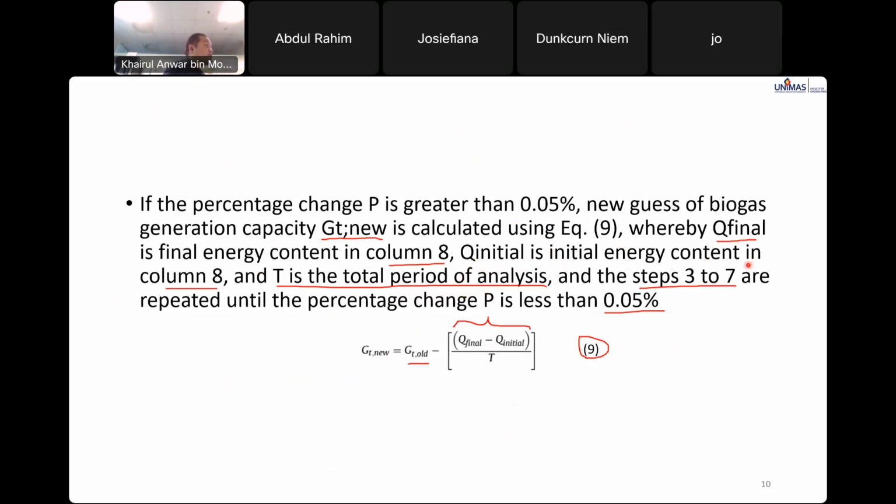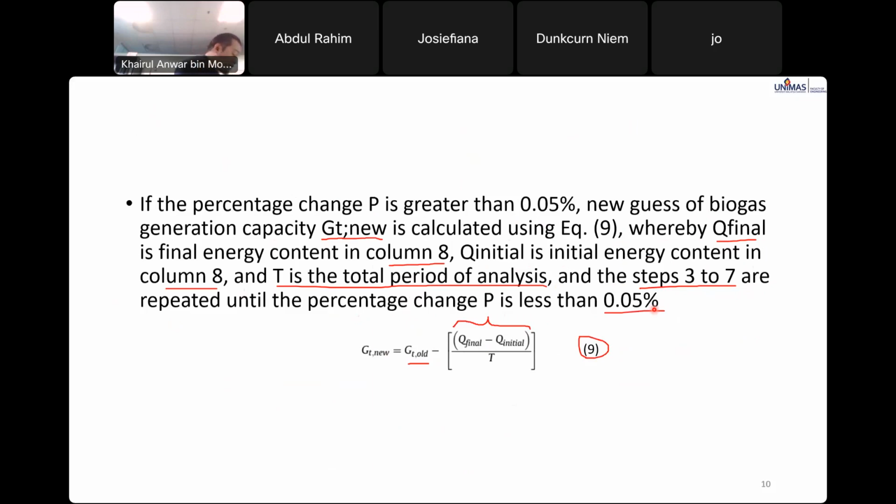Initial Q is initial, okay. T is okay. Steps 3 to 7 are repeated until P is less than 0.05%. So once you get the new GT here, you need to revise the GT in table 5 for the second iteration.